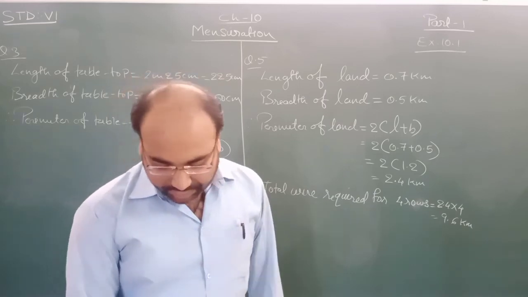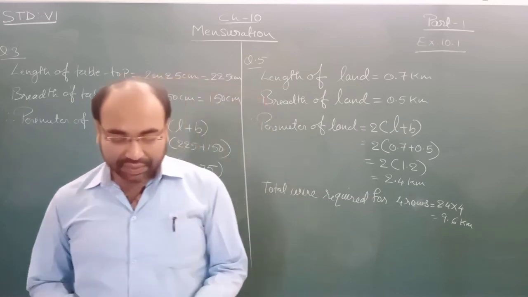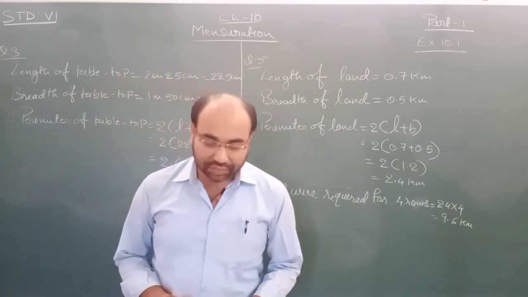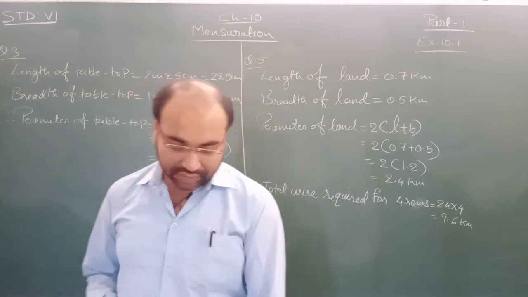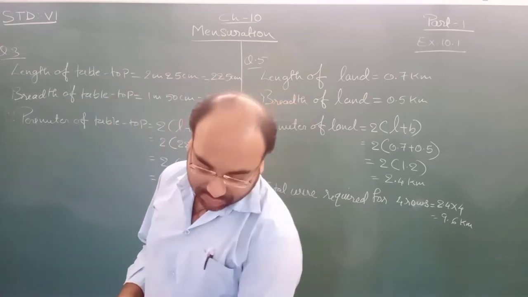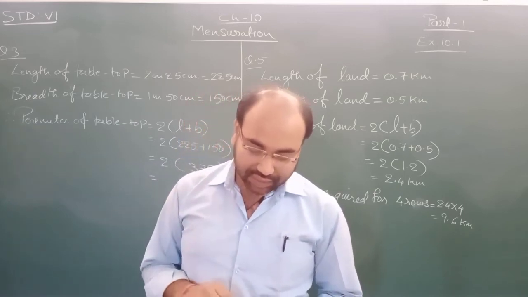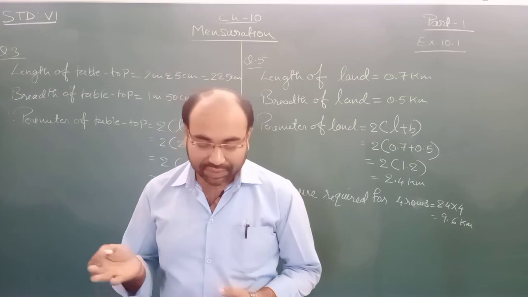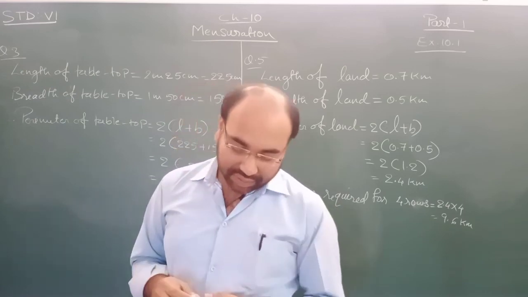Now question number 6, find the perimeter of each of the following shapes. So that I am giving you as homework which you have to do. Now in question number 6 what you have to do is find the perimeter. First one क्या दिया है, a triangle of side 3 cm, 4 cm and 5 cm. So उसका perimeter find out करना है.